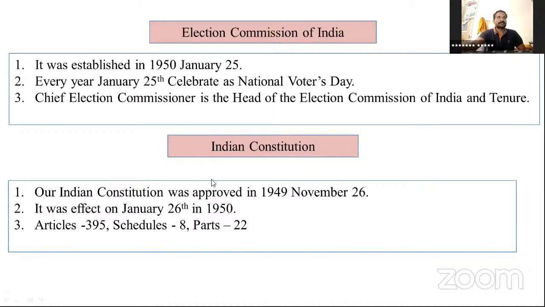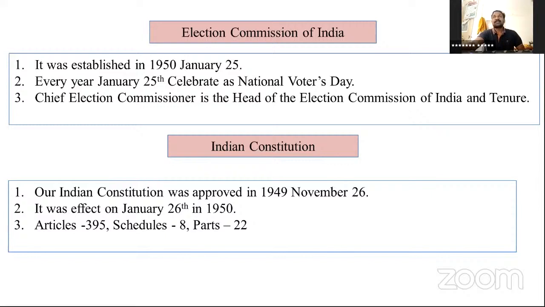Indian Constitution. I remind you, in the last chapter we have already discussed the making of the Indian Constitution. Our Indian Constitution was approved on November 26th, 1949. Actually, the Constituent Assembly appointed a drafting committee to prepare our Indian Constitution.